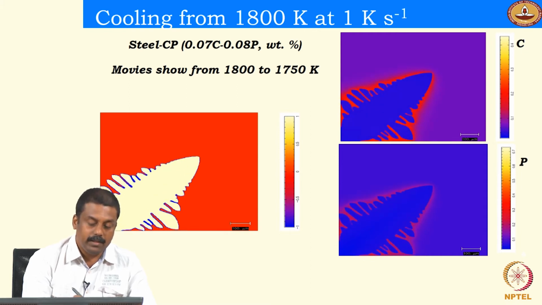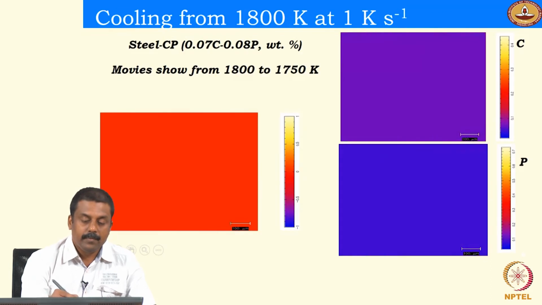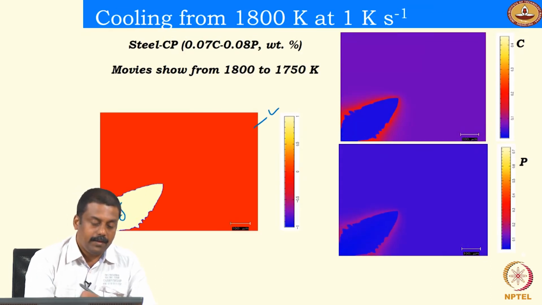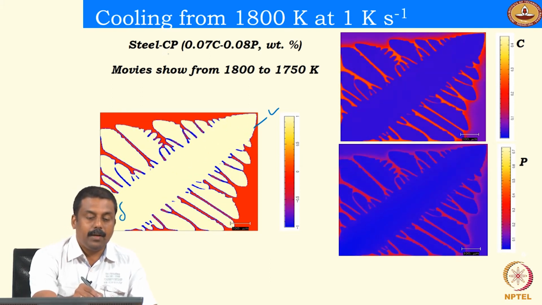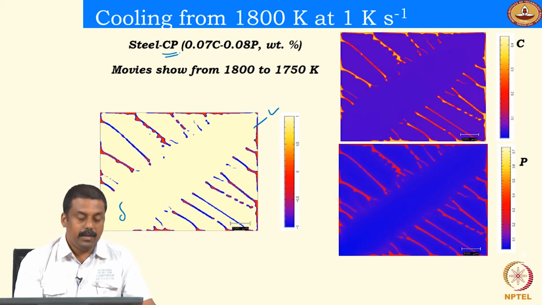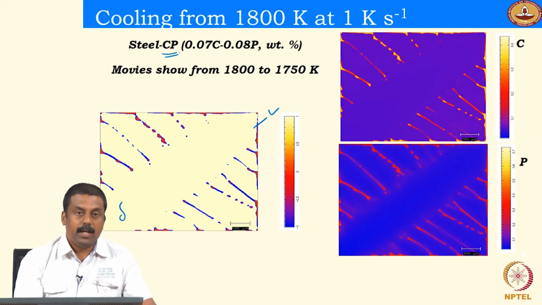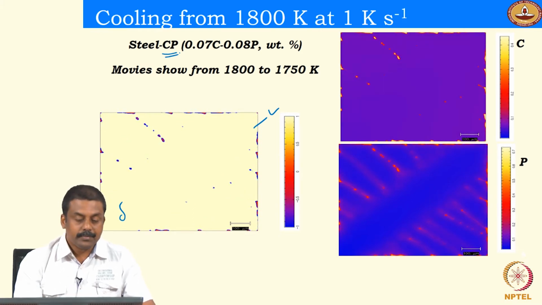What you see here is the actual microstructure, where to begin with you have liquid, which is red in color, and delta ferrite. For steel CP, solidification first completely solidifies into delta ferrite, and then subsequently delta ferrite will transform to austenite upon further cooling.